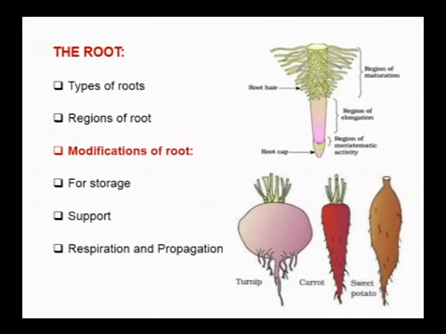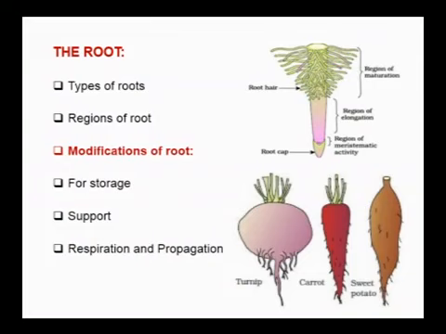There is another root developing from the radicle, but it does not persist throughout the life of the plant. It is short lived, and from that point many branches of the root develop, which gives less anchorage in seasonal or annual plants. Absorptive capacity is also less compared to taproots. These are called fibrous roots.